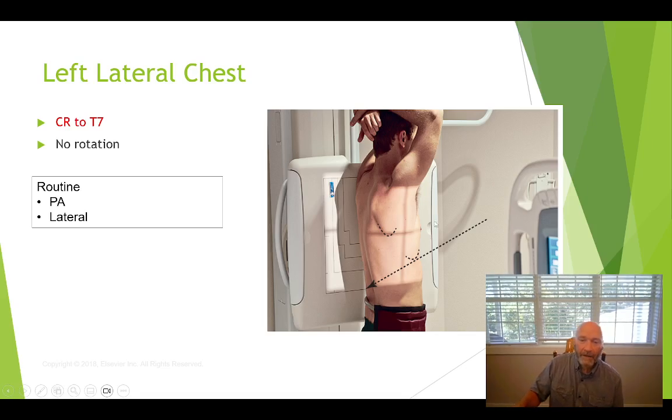Now, here's the thing. We put the left side up against the image receptor so that we put the left heart up against the image receptor, but there's a kind of a natural phenomenon that happens. I talked about the divergence of the central ray in the last video, and what that means is the spread of the central ray.